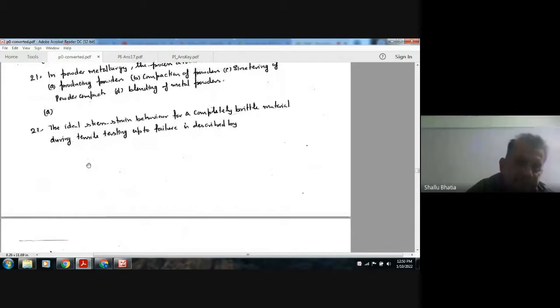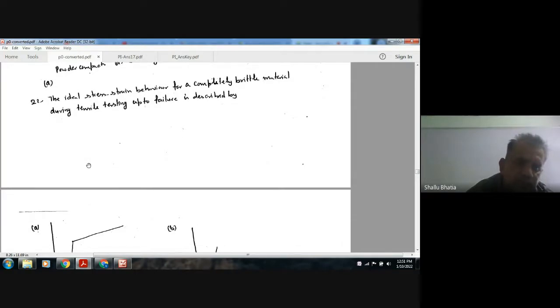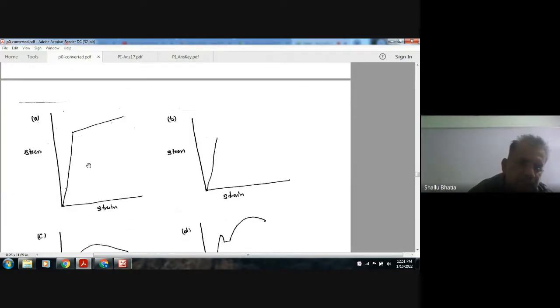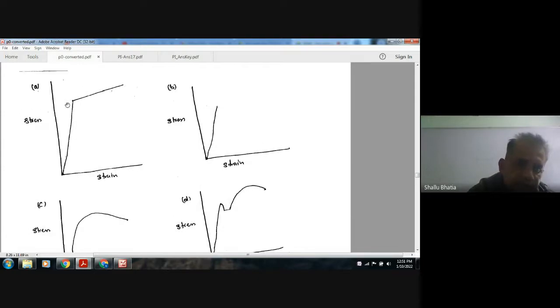The ideal stress strain behavior for a completely brittle material during tensile testing up to failure is described by which of these four figures. Here the strain is increasing with stress, and here the graph changes. So there is another curve, and this is the elastic limit.